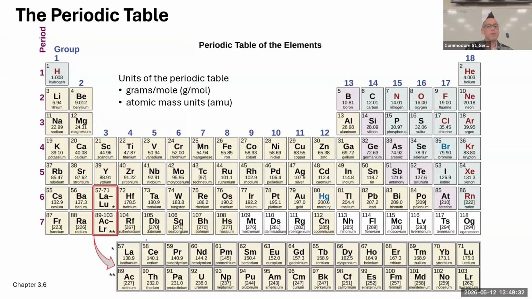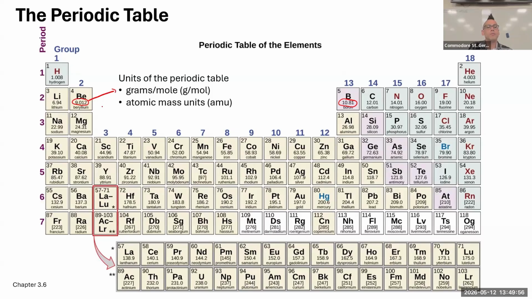All right, this is the complete periodic table. I'm going to mention things over and over again because I want it to stick. We're not going to be using most of the periodic table, but look at these numbers here, usually the ones with the decimals. Those have various units.